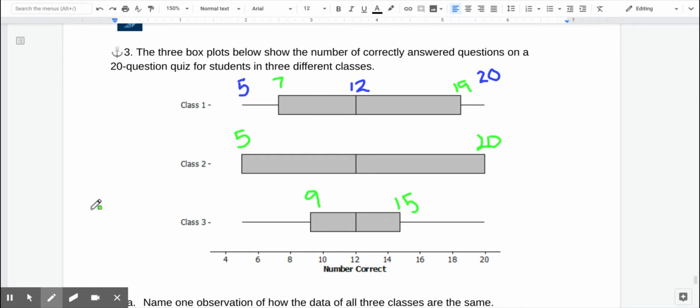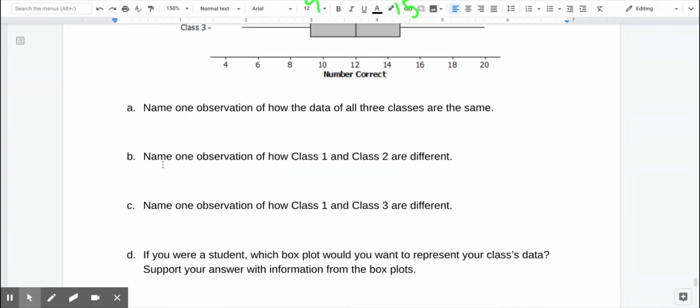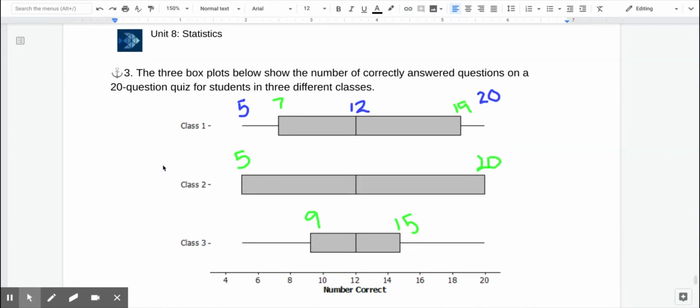All right, so now, if I were a student in the class, well, it seems like I might want, in every single case, more than half of the people scored more than 12. And in every single case, half of the people scored less than 12.